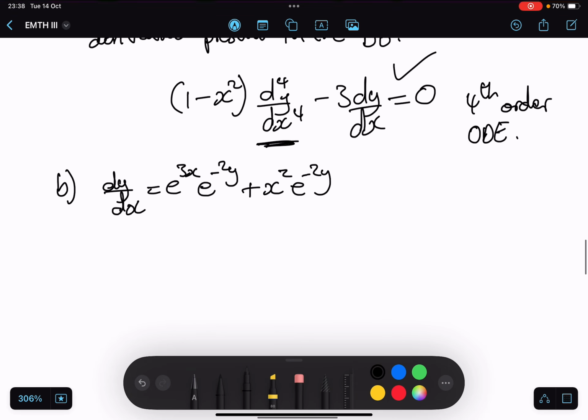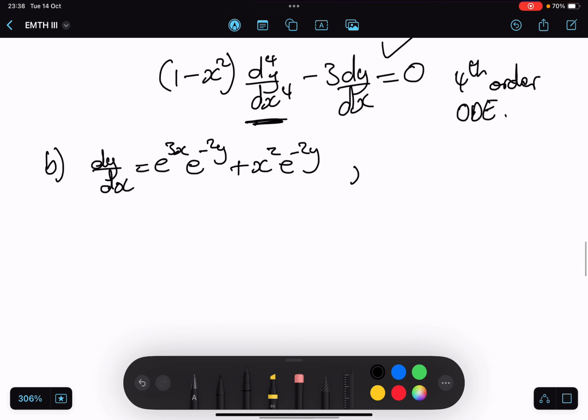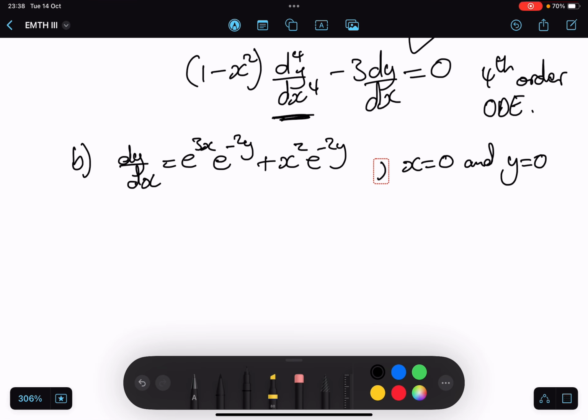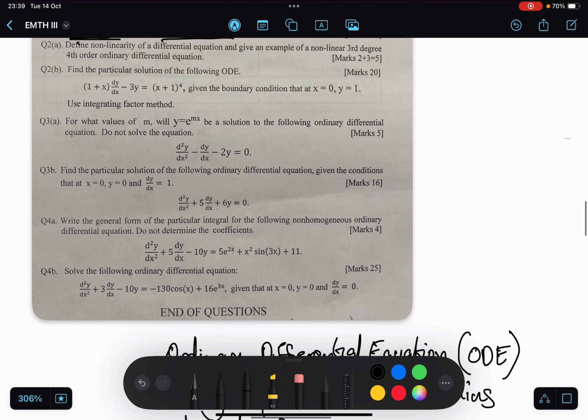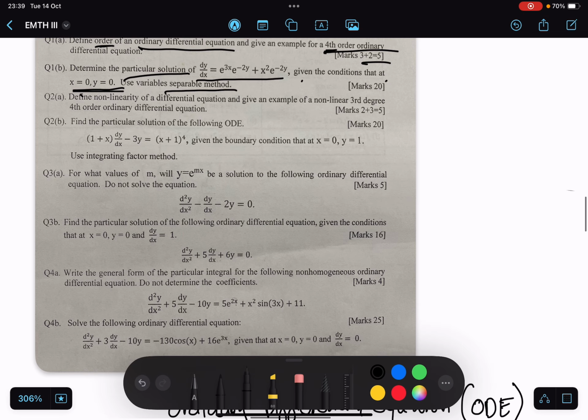We are also given boundary conditions, where x equals 0 and y equals 0. Whenever you're given boundary conditions, we need to find a particular solution. If we don't have boundary conditions, we are tasked to find a general solution. And they say we should use the separation of variables method.